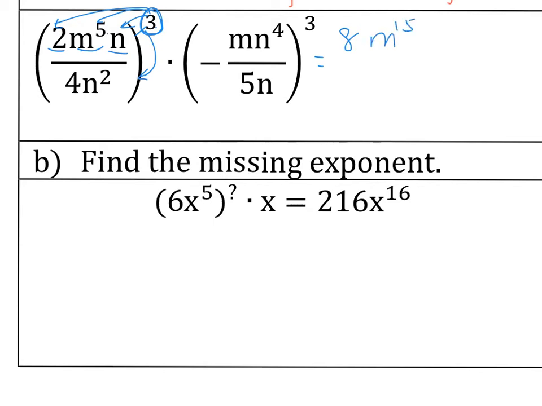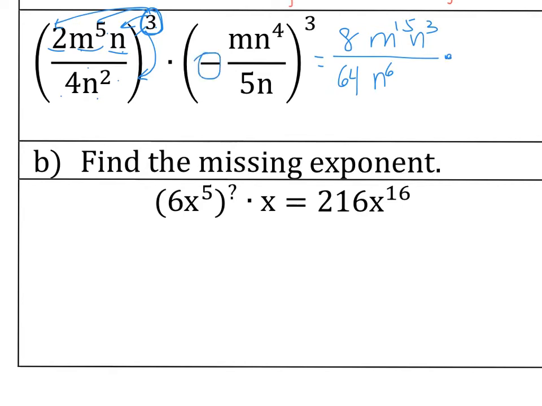And then this would be n cubed. The 4 to the 3rd power will give you 64. And n squared times 3 will be n to the 6th power. And I would do the same thing for the other factor.